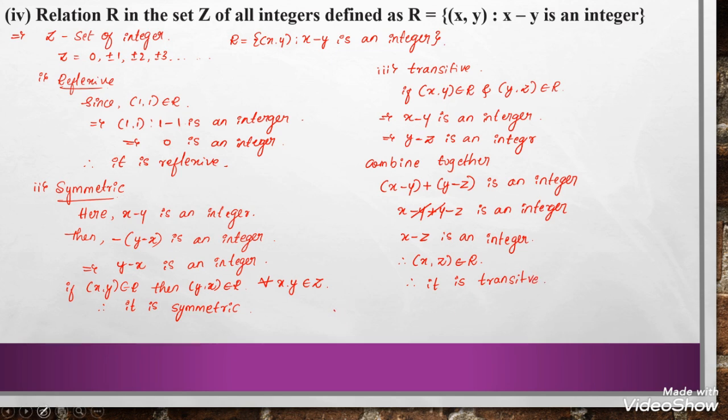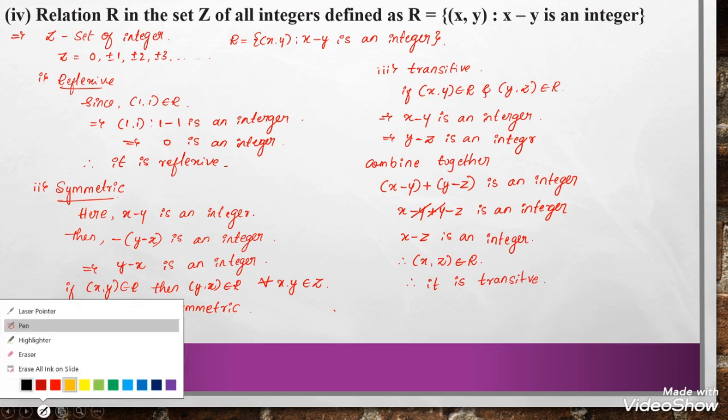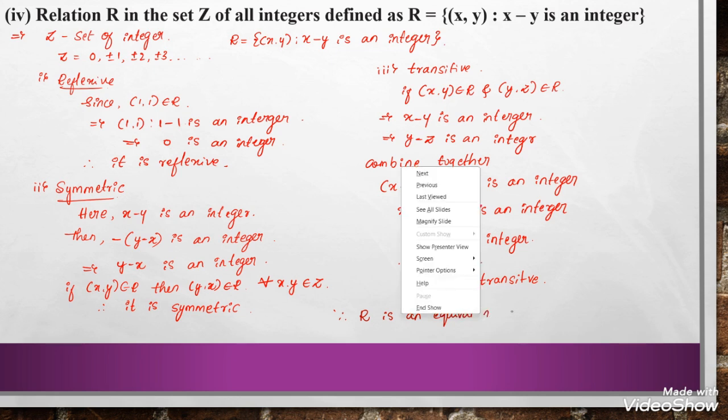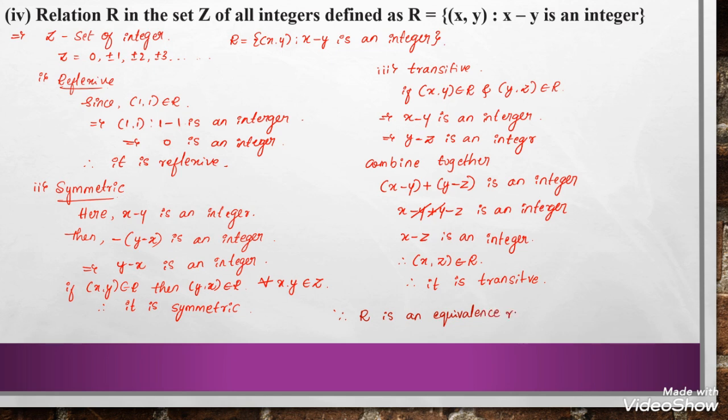Therefore, the given relation R is an equivalence relation, because it holds all the conditions, that is reflexive, symmetric and transitive.